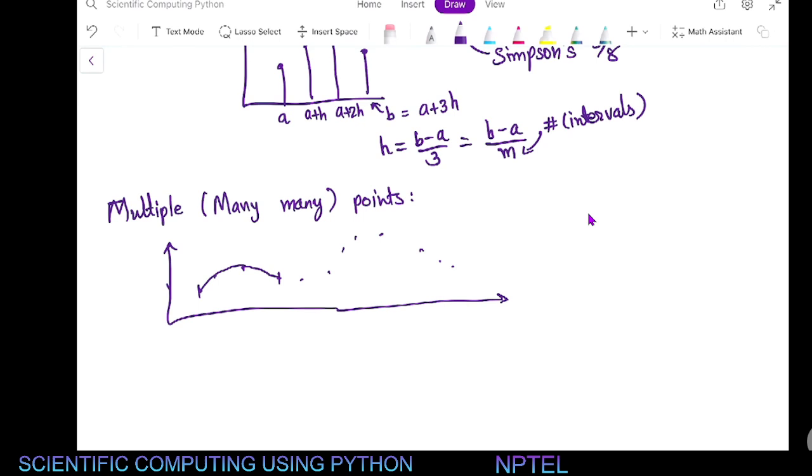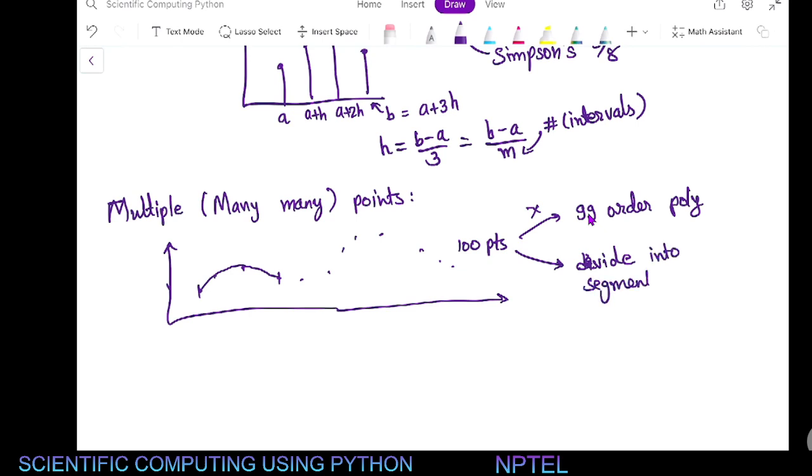So when you have 100 points, you don't do a 99 order polynomial, right? We saw why it is bad. It gives oscillations and it goes off bounds and all of that. So what you do is divide and rule: divide into segments of 3, 4 points or any number of points.